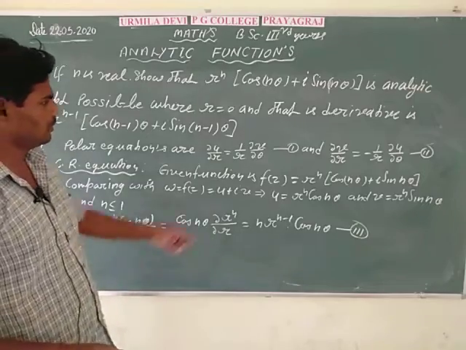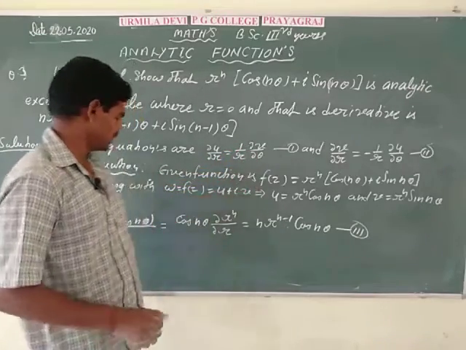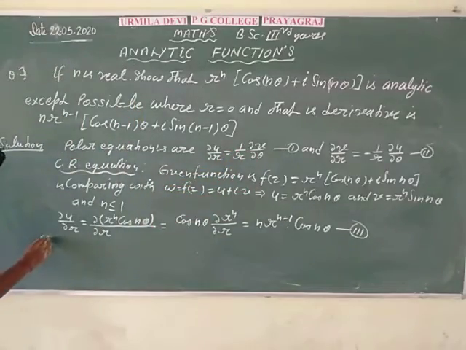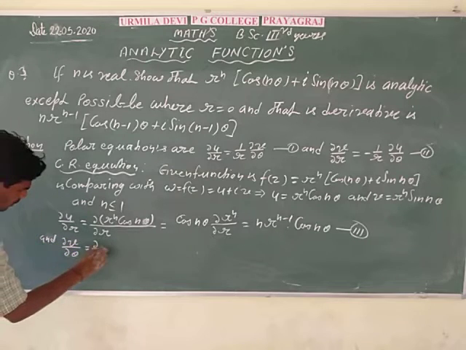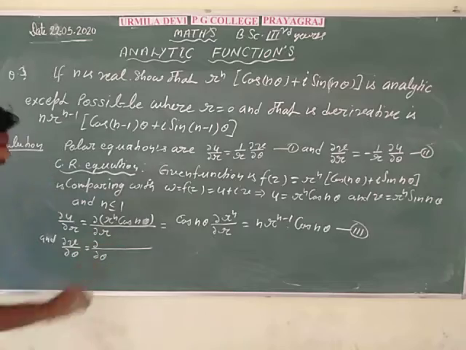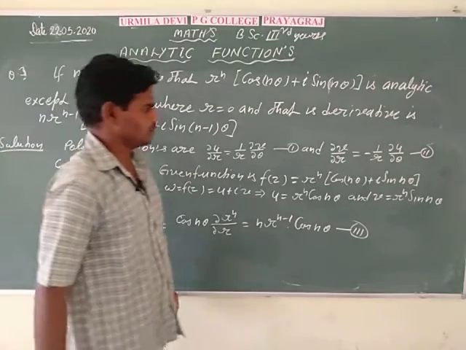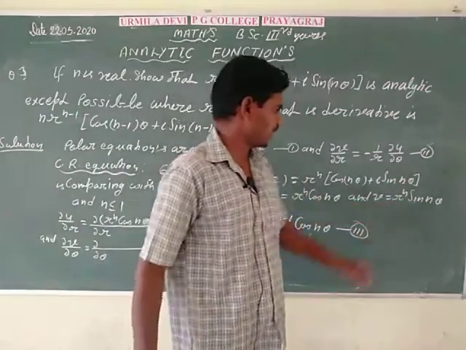Now calculate the value of del v by del theta. Del v by del theta is equal to del by del theta, putting the value of function v, which is r to the power n sin n theta.